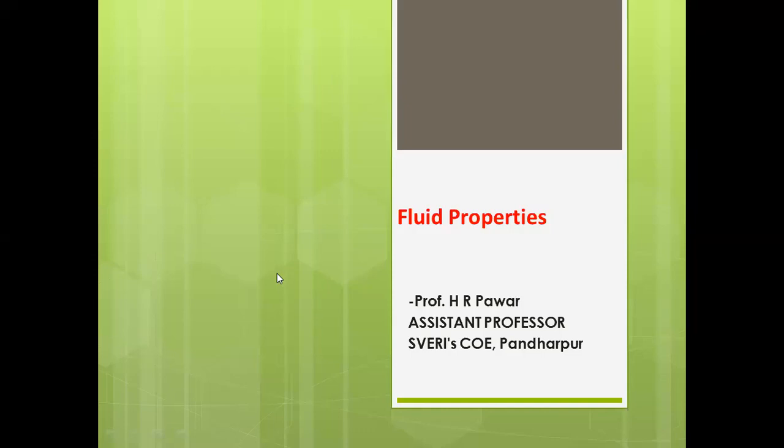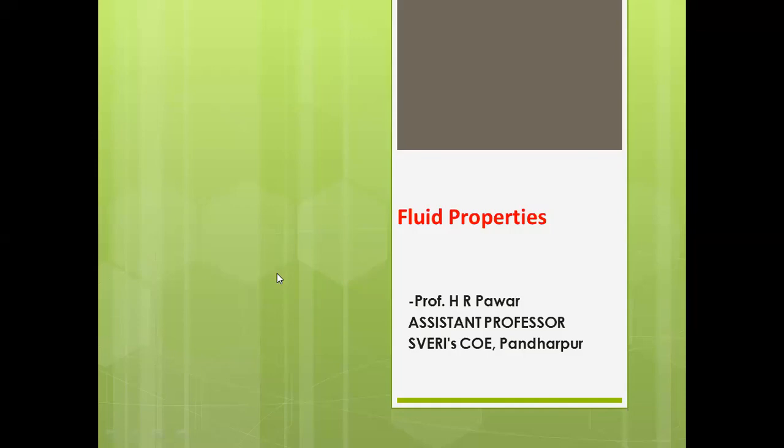So fluid properties is the first and most important point, the fundamental concepts of fluid mechanics. Unless and until you know the various properties of the fluid, we are unable to understand the other higher concepts.